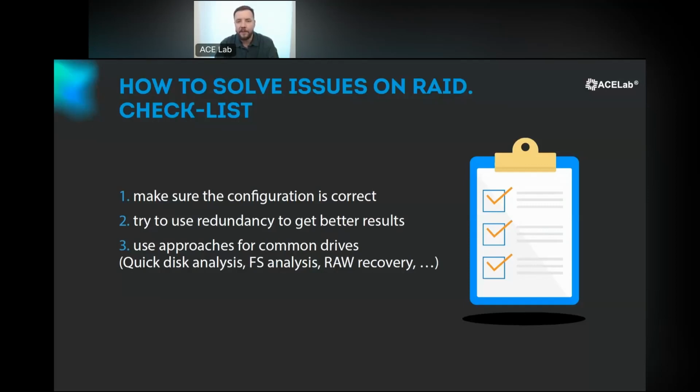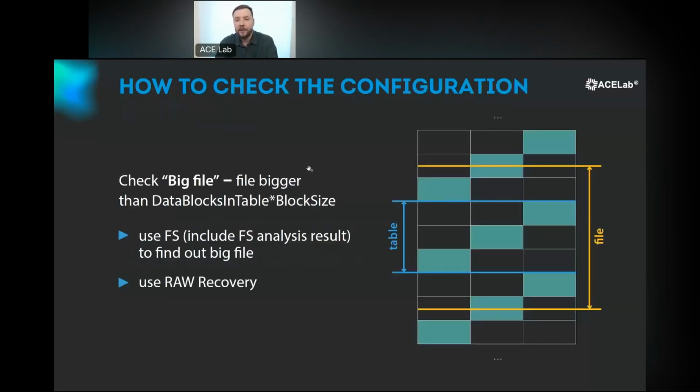But the first step is to check the RAID configuration and detect the right configuration, then solve redundancy related issues, and only then the common drive approach. And how to check the RAID configuration? If we just see files and folders, it doesn't mean that we have a good configuration.